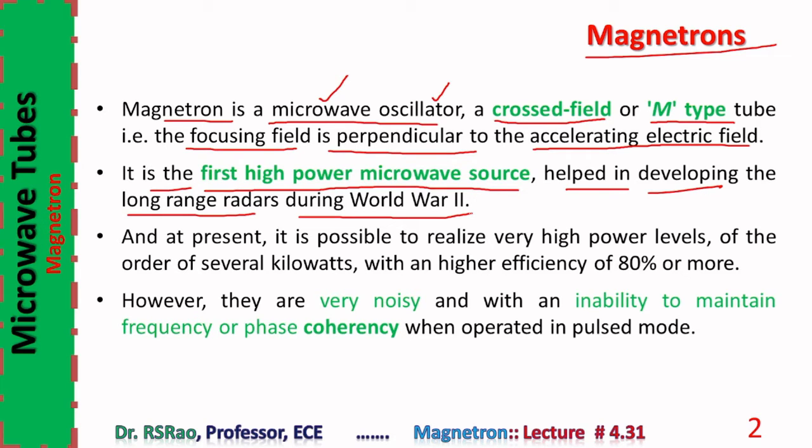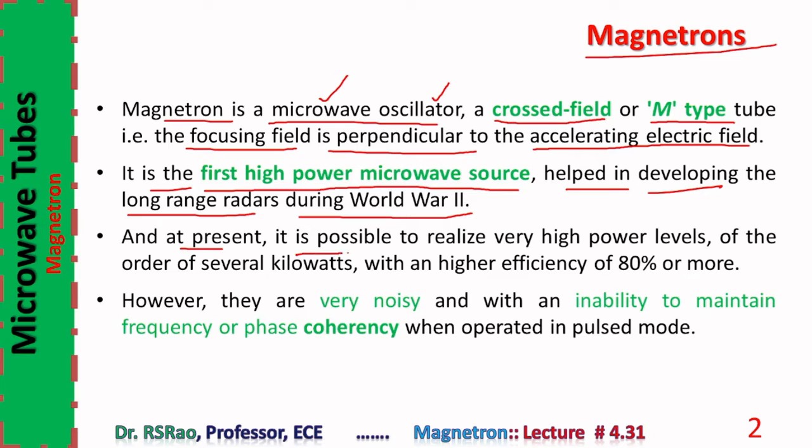Therefore, radar becomes capable of radiating higher powers. Magnetron is the first high power source available to the designer of radar systems. They used its high output power to extend the range of radars. It happened during World War II.